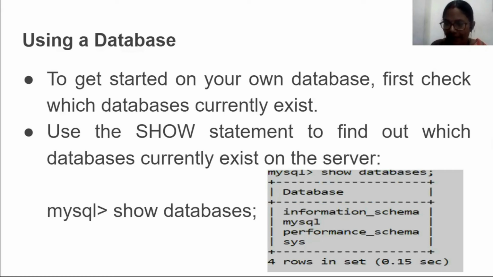I have not created any new databases. Only those databases which are installed are shown here: the information schema, the performance schema, mysql and sys, which stand for system databases. All 4 databases are installed during the installation process. If you have created your own database, that also will be shown along with this list.